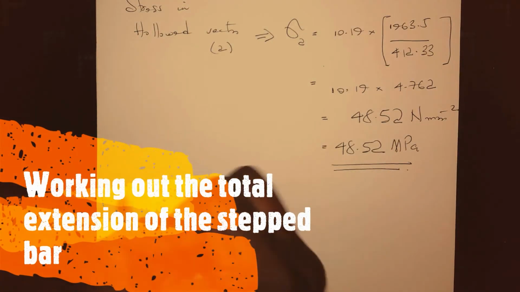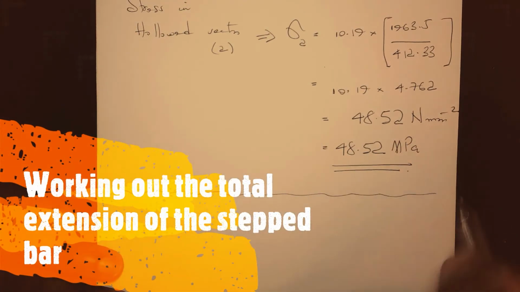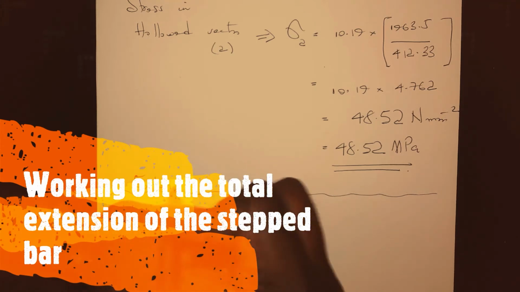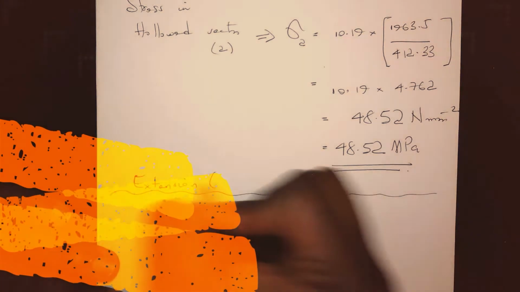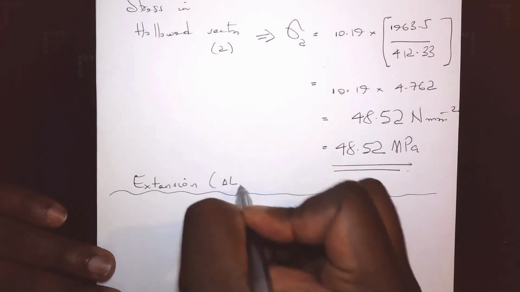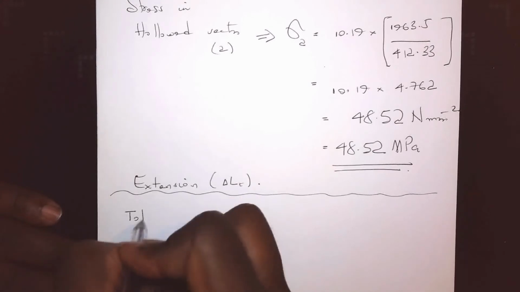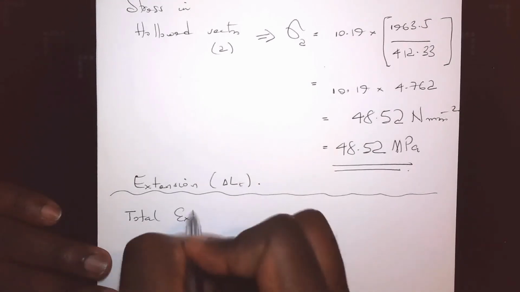So the next part is to calculate the extension. So the total extension will be delta LT, the total extension experienced in the step bar.